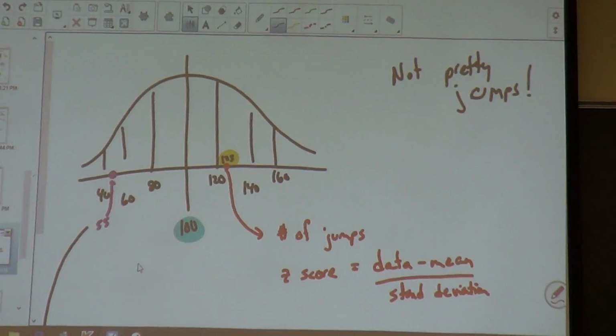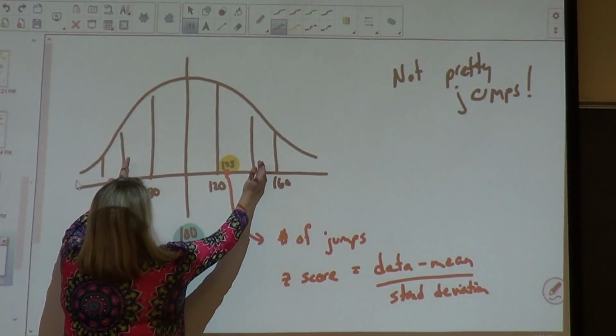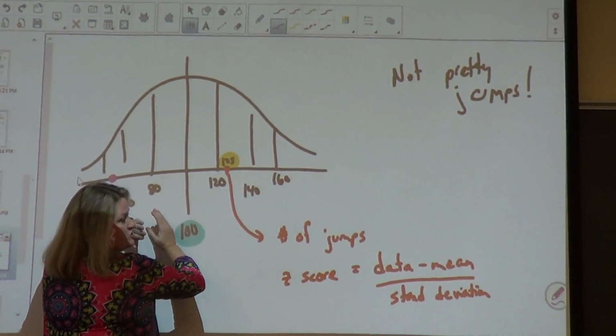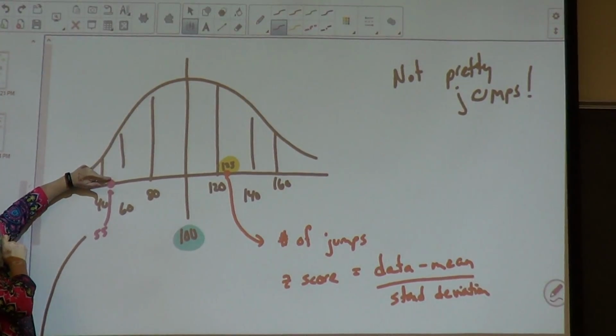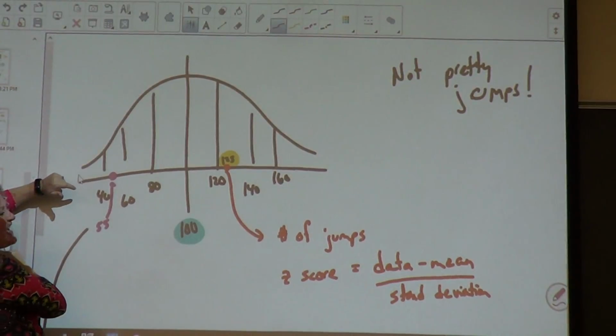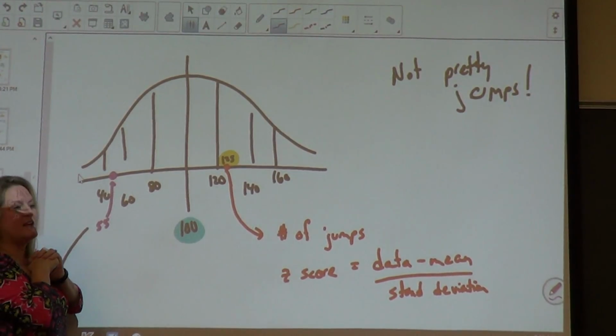Now, everything that we've been doing has been pretty jumps. I've been saying, go from 60 to 140, or go from 80 to 100. I haven't picked out numbers that weren't pretty. Now it's your fault. Now we're going to pick out numbers that aren't pretty.